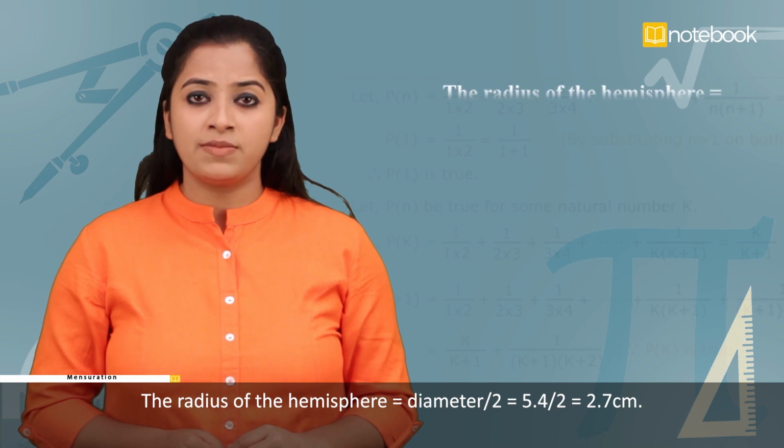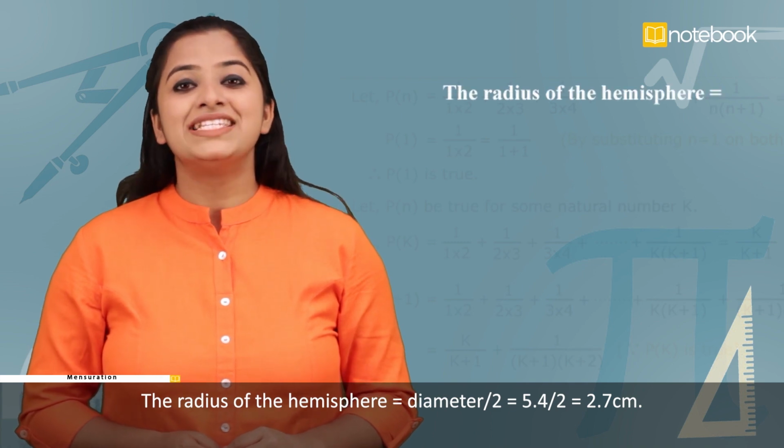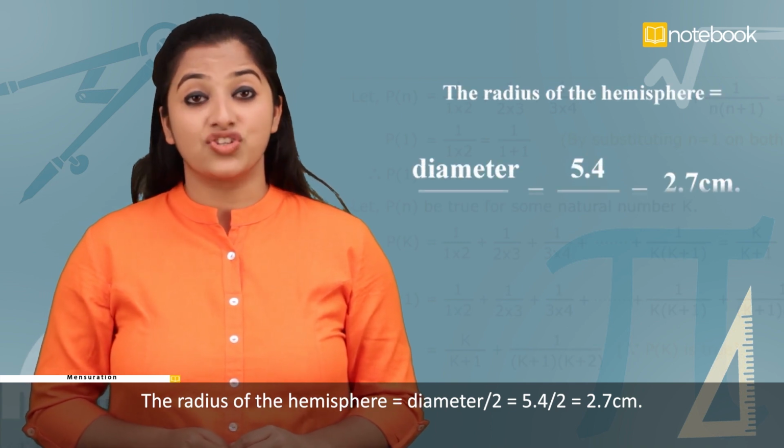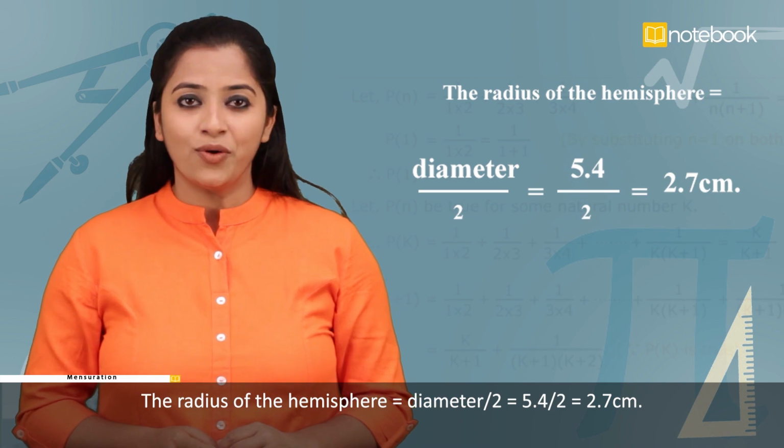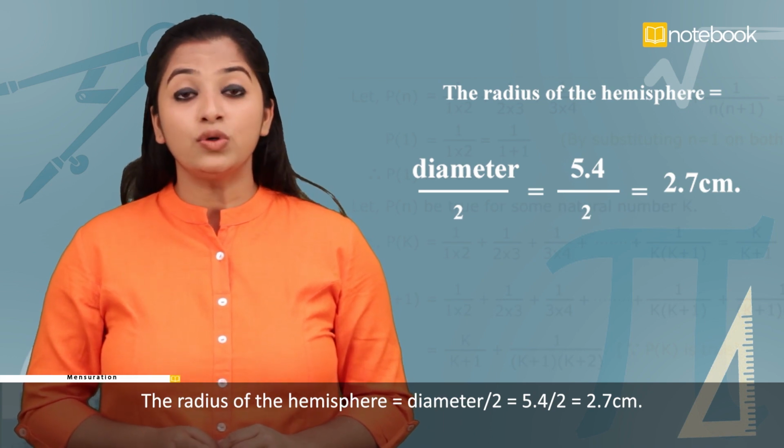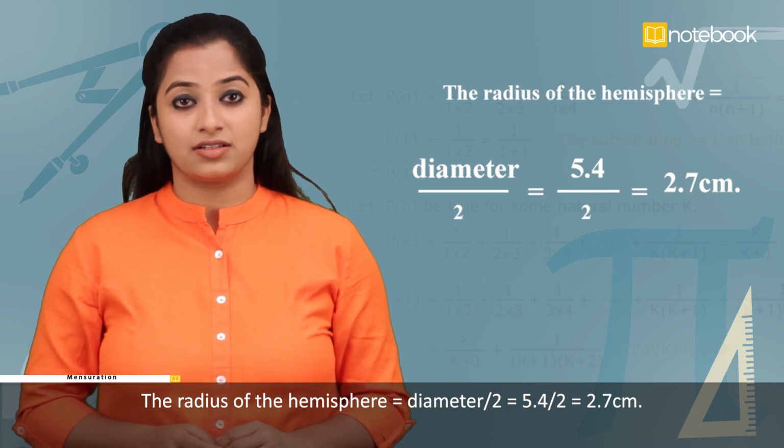The radius of the hemisphere is equal to diameter by 2, which is equal to 5.4 by 2, which is equal to 2.7 cm.